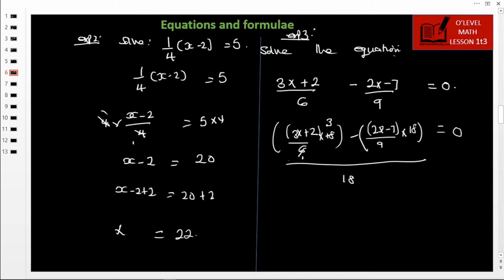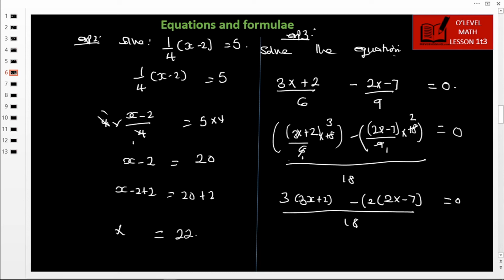There are 3. So this becomes 3 into (3x plus 2) minus, and how many 9's in 18? 2, so 2 into (2x minus 7) is equal to 0, all over 18.